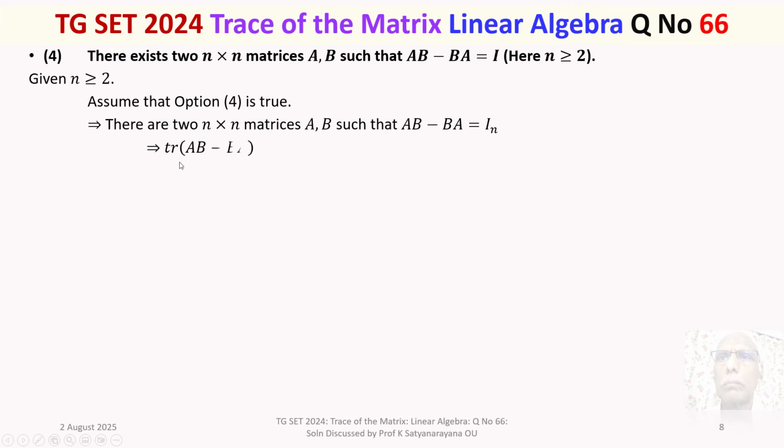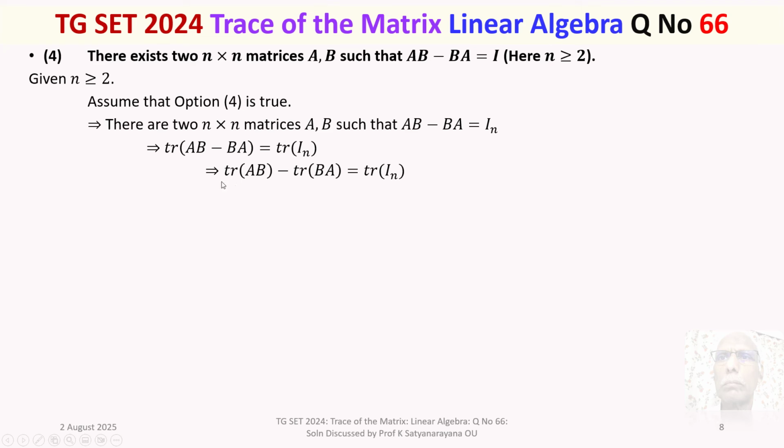Take the traces on both sides. Trace of AB minus BA is equal to trace of I_n. Now, this will imply trace of AB minus trace of BA is equal to trace of I_n. Trace is a linear transformation.